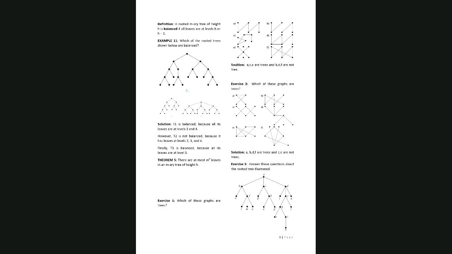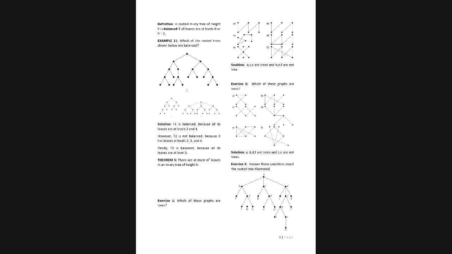And what about E? See here, this is a circuit, so this is not a tree. Again, you will check F. This graph is connected with just one part, and there is no circuit. So this graph is also a tree.